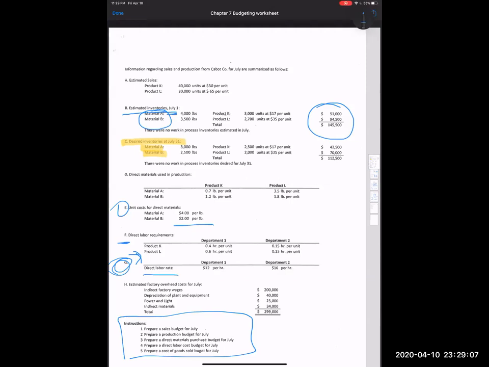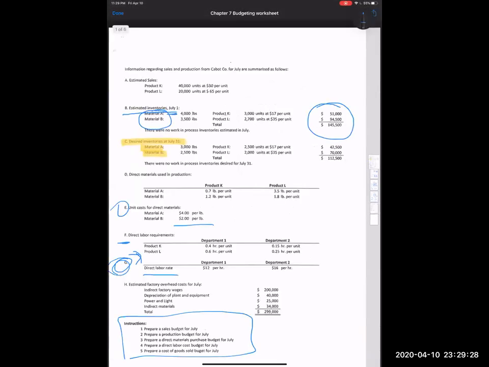So material A and B is 4,000 pounds and 3,500 pounds, all right? So that's what we're gonna have here, A and B, 4,000 and I believe 3,500, okay?